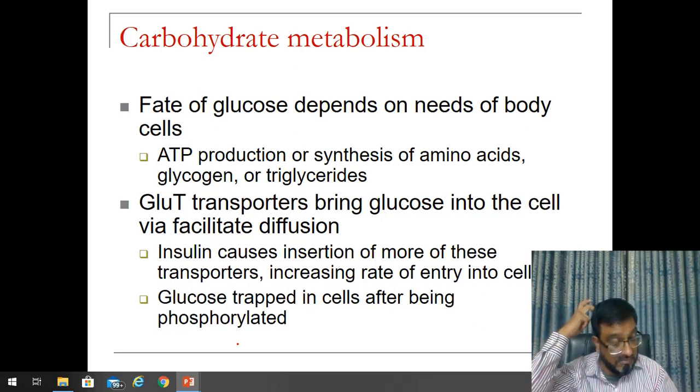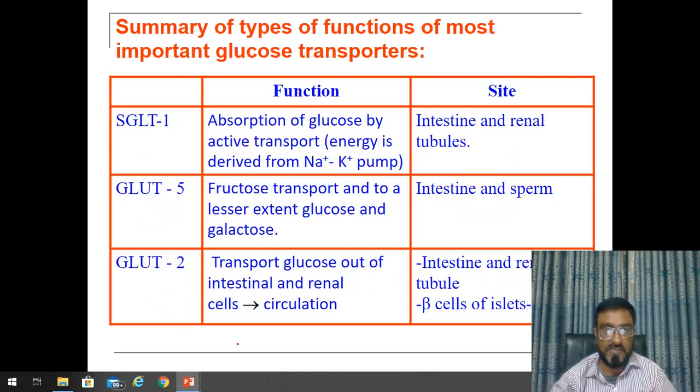This is the only way to capture the glucose in the cell. Once the glucose has entered and become phosphorylated, it cannot go back out of the cell. So these are examples of some of the glucose transport systems.